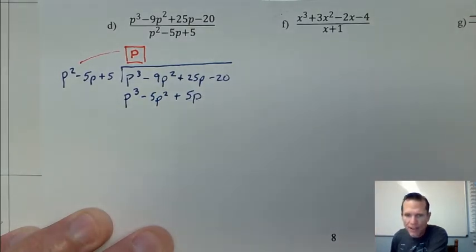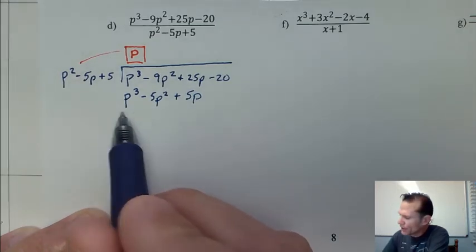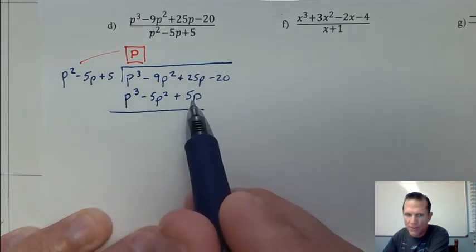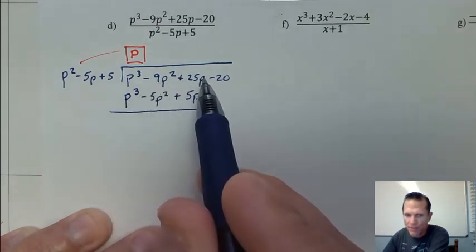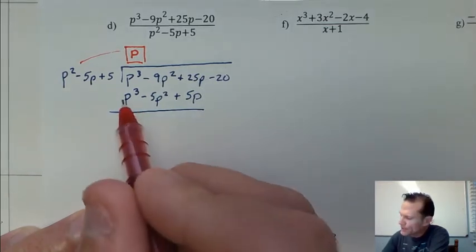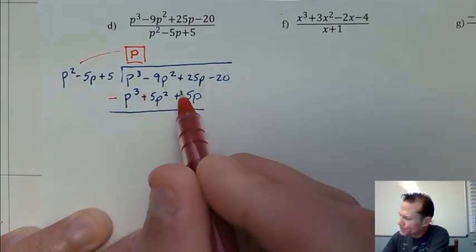Okay, so now if you remember the division algorithm from earlier, we can draw a line here, and then we're going to need to subtract this polynomial from the above terms. To take care of the subtraction, I can change all these signs.